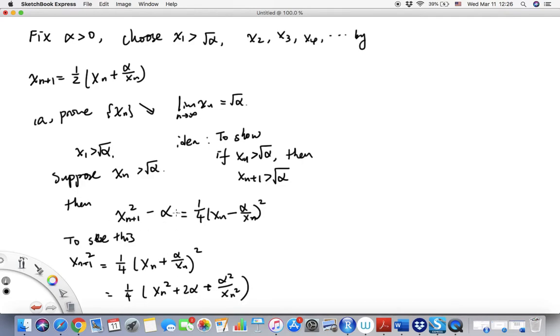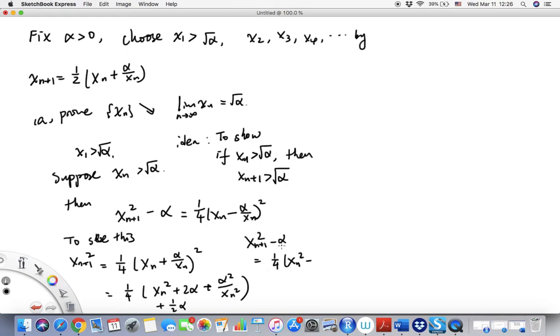Now if we subtract an alpha from there, you can see xn plus 1 squared minus alpha would be 1 over 4 xn squared minus, so here is 1 over 4 times 2 alpha, so that's in fact 1 over 2 alpha.